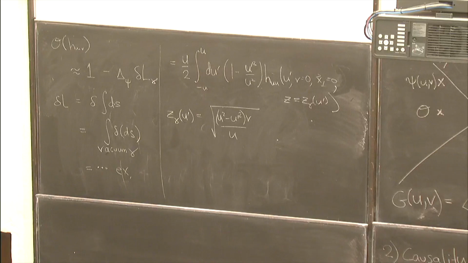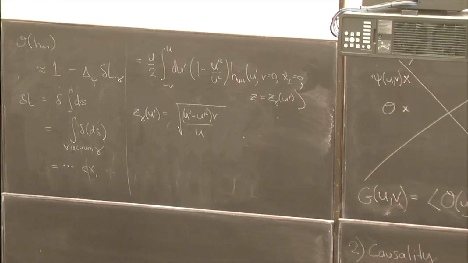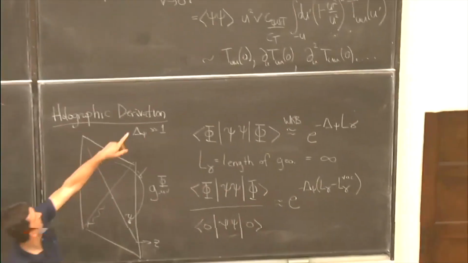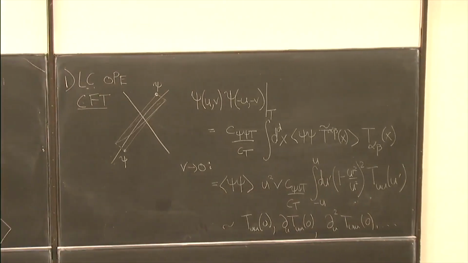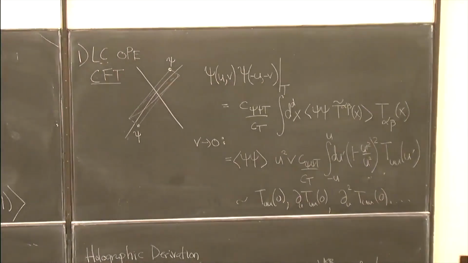So you do this integral with the leading term in v and then set v to 0 at the end, basically? We're never quite going to set v to 0. When we do these light cone OPEs, we're never setting v to 0. The answer at the end of the day is proportional to v. Okay, so it's always the first order correction in v that we're going to end up calculating.